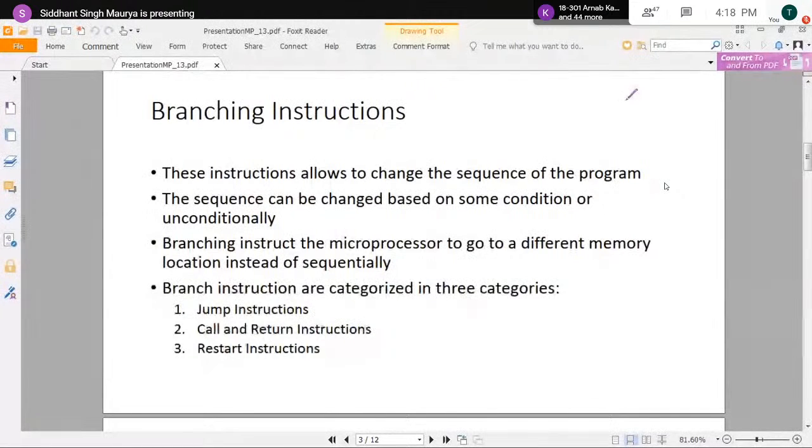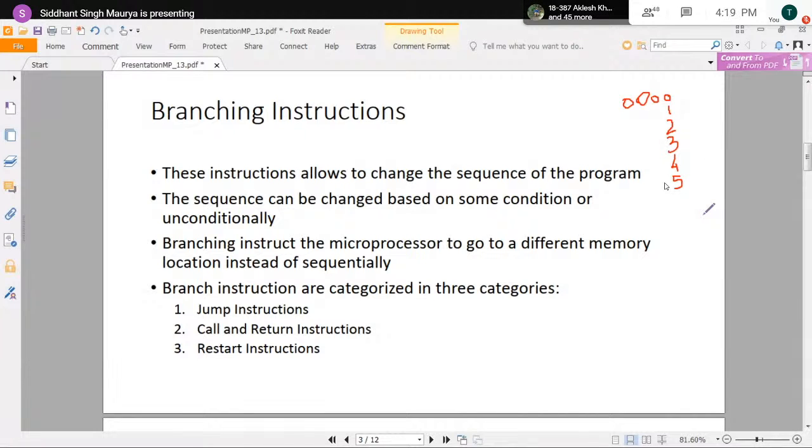So for example, I'm at address 3 times 00, 4 times 0, 4 times 0. The next address will be 3 times 01, then 3 times 02, then 3 times 03, then 3 times 04, and so on. Okay, so the program goes sequentially.